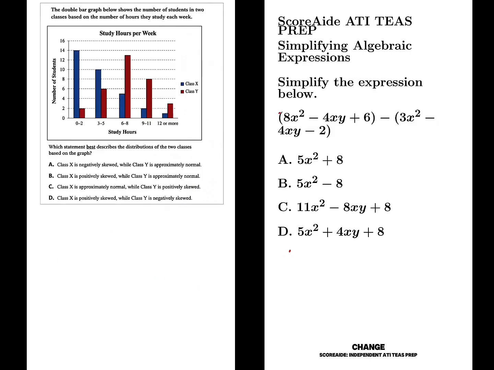Perfect. The double bar graph below shows the number of students in 2 classes based on the number of hours they study each week. So you can see the number of students right there and the number of hours on the x-axis. Now you can see that they ask which statement best describes the distribution of the two classes based on the graph, right?